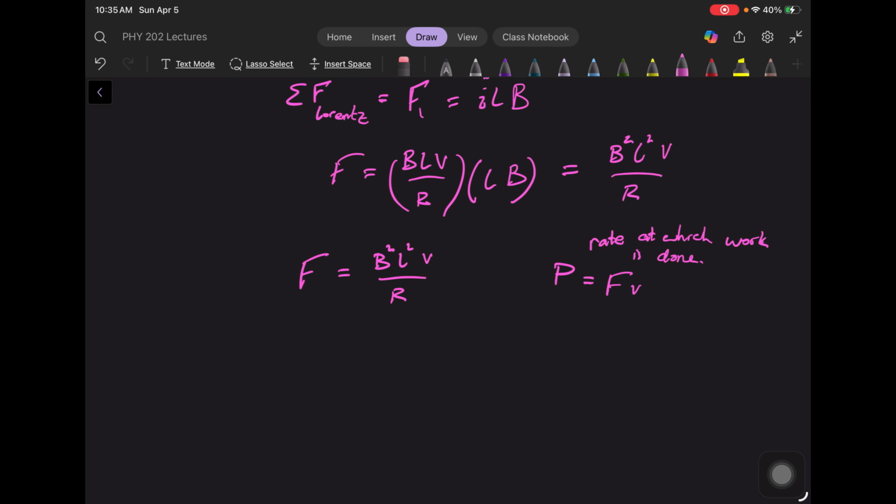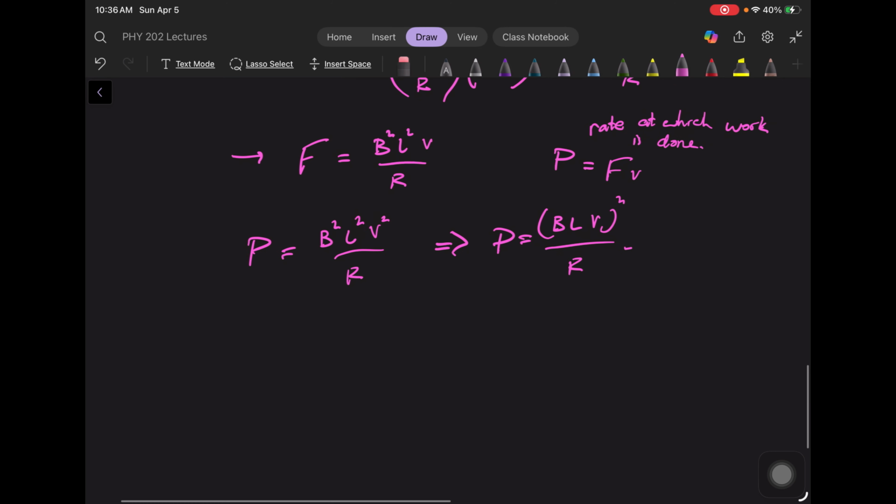And so if we multiply this expression for force times the velocity, we get power is B squared L squared V squared over R, which I'm going to rewrite as BLV squared over R. Okay. And so this is the rate at which we do work.